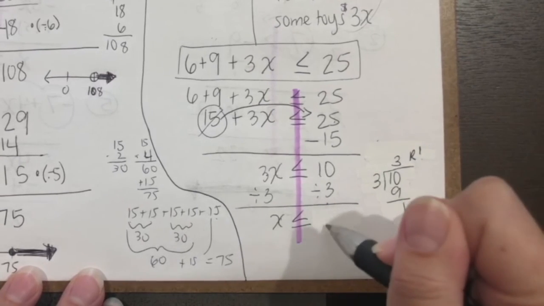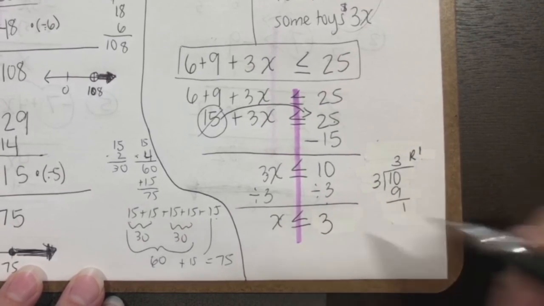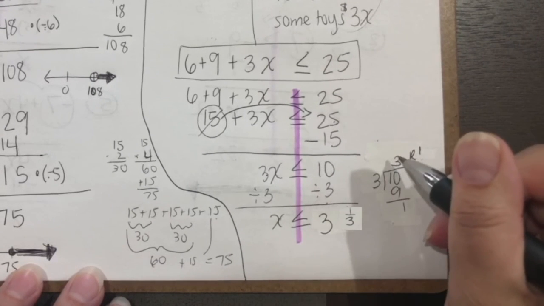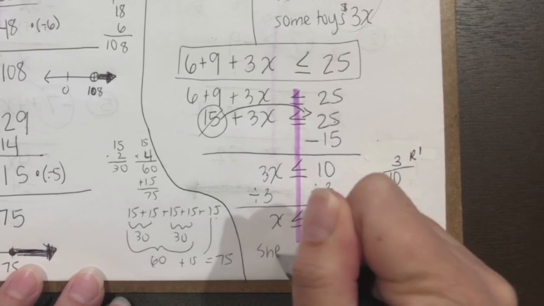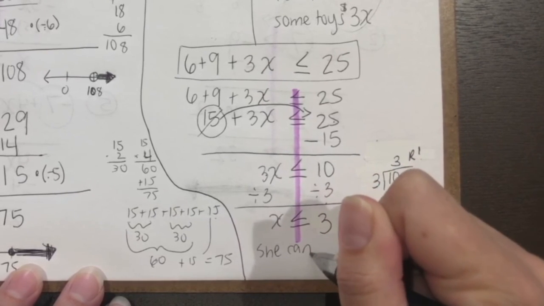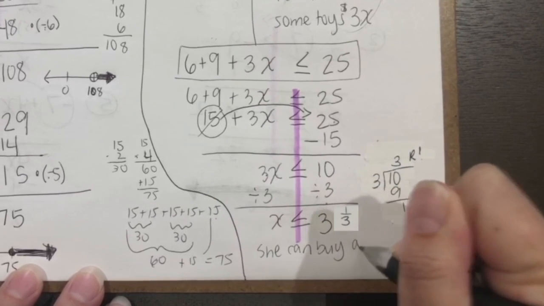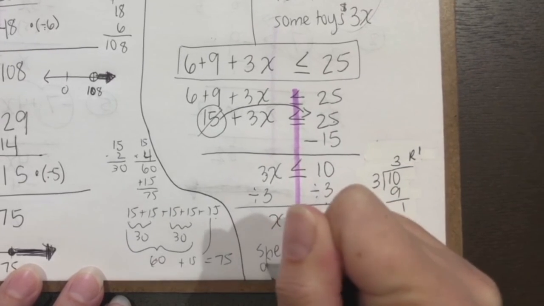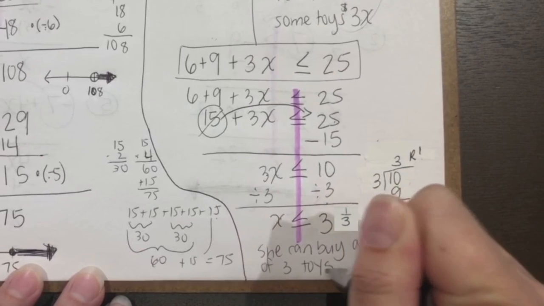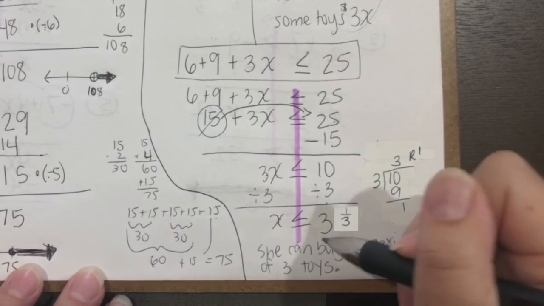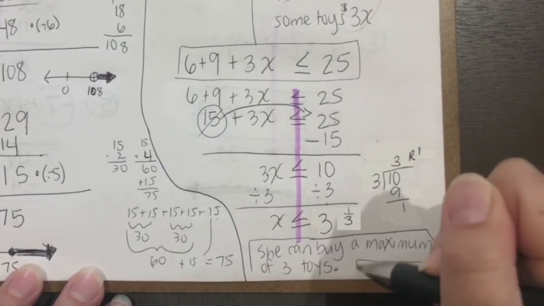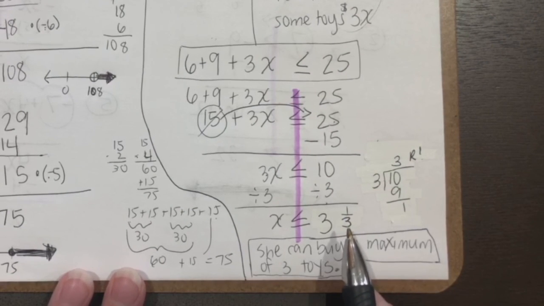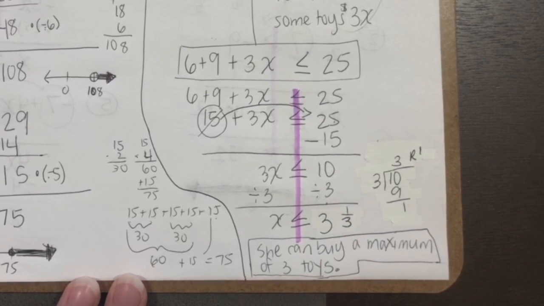So it's going to be less than or equal to 3, and we've got a remainder here, which we're going to throw out, and we're just going to say she can buy a maximum of 3 toys. Even though we got 3 1/3, you can't buy part of a toy. So maximum 3. It's got to be a whole number.